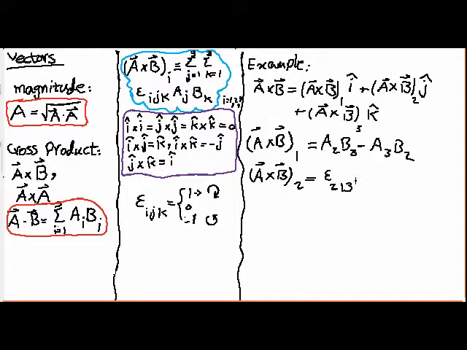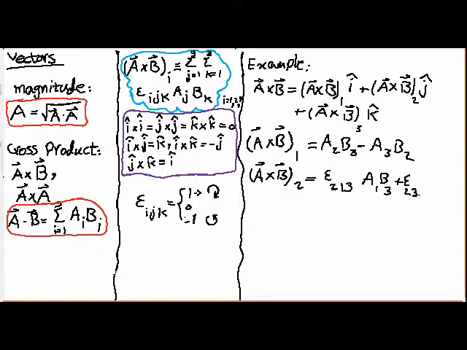Therefore, now J is 1, so A1, and K is 3, and B3. Plus epsilon 2 is fixed, because I is 2. And 1 is taken already for J, so J takes now 3.